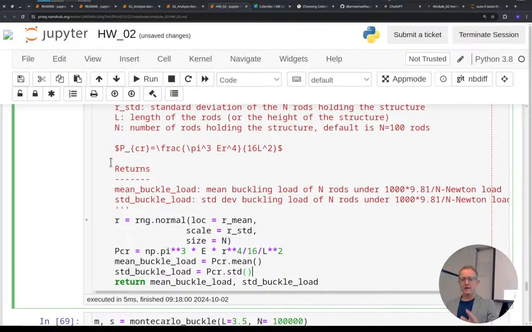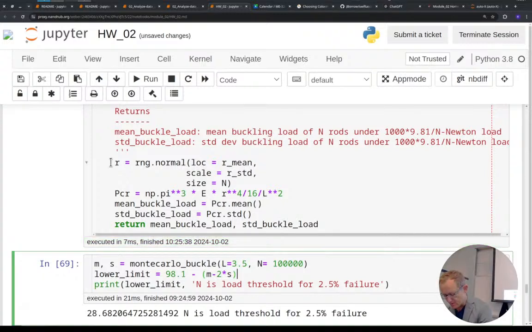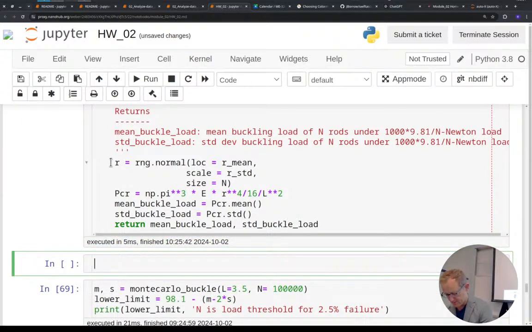So now I've got, based on normally distributed radii, so they're coming off the assembly line, they're not all the same radius, so I'm going to factor that into my buckling analysis and try to figure out how tall I can make this thing. Let's do this, Monte Carlo.